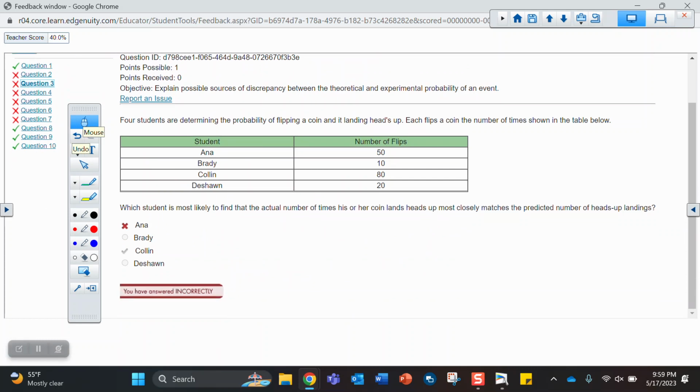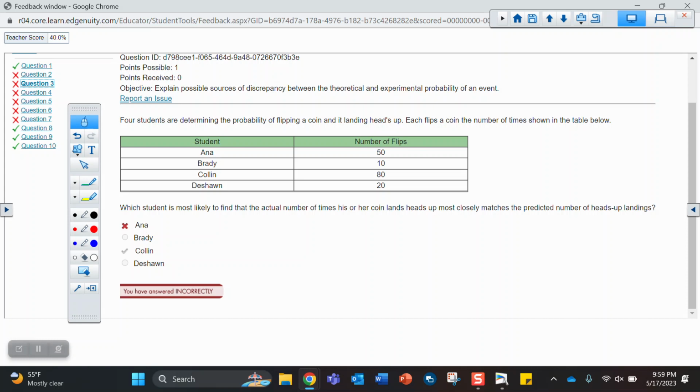Question 3 says 4 students are determining the probability of flipping a coin and it landing heads up. Each flips a coin the number of times shown in the table. Which student is most likely to find that the actual number of times his or her coin lands heads up most closely matches the predicted number of heads up landings? So this question is all about how we get closer to the theoretical probability.